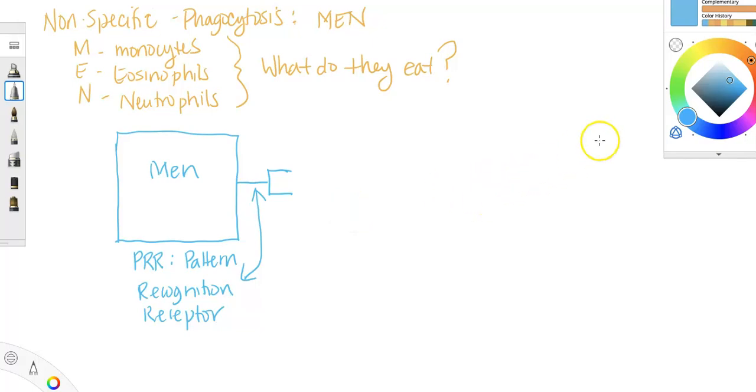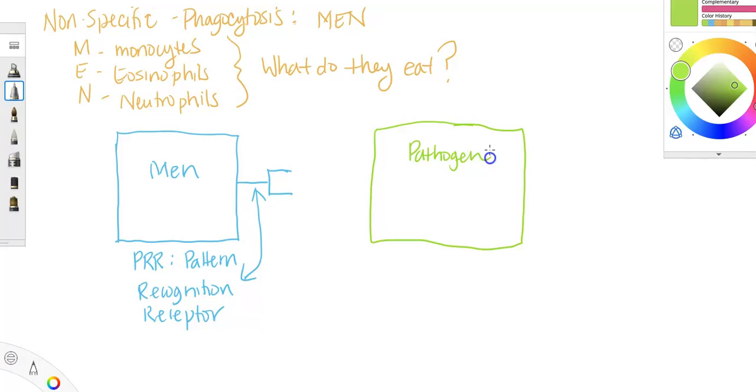And what it's looking for on a pathogen is, here's the little pathogen, and it's looking for the pathogen to display this thing called a PAMP. And a PAMP is a pathogen associated molecular pattern.